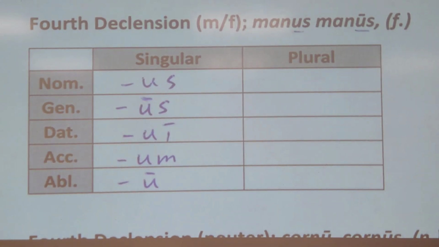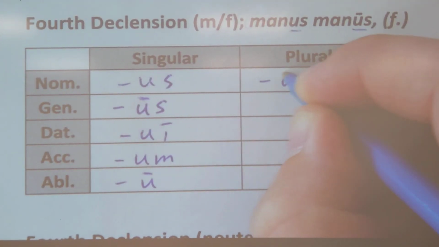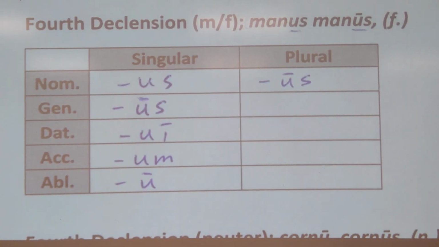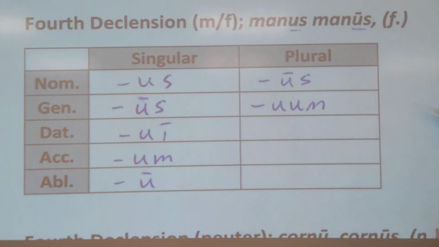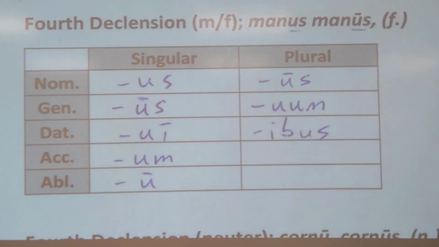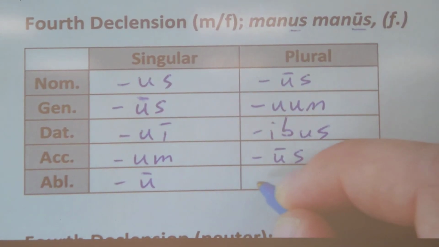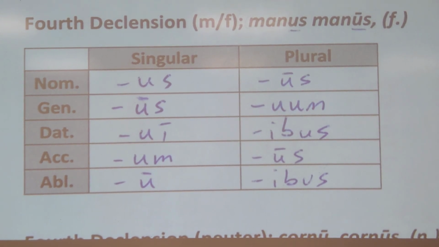Okay? Nominative plural, ūs, again. Genitive plural, uum, and we come back to our friend ibus, ūs, ibus. Okay.